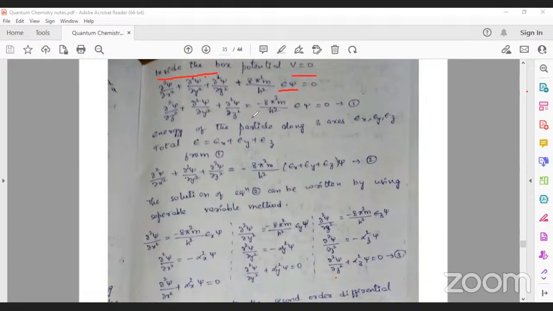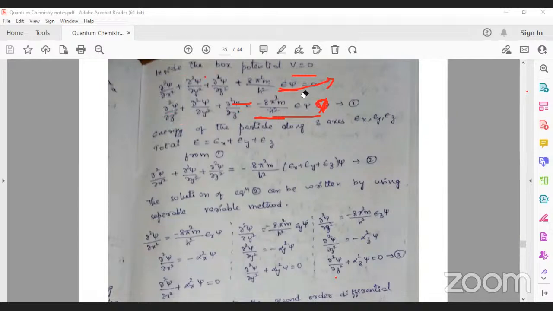This term will move to the right-hand side, that is, minus 8 pi square m by h square into E psi. Del square psi by del x square plus del square psi by del y square plus del square psi by del z square is equal to minus 8 pi square m by h square into E psi. Since the equal sign is already there, this value moves to the right-hand side and becomes a negative value.